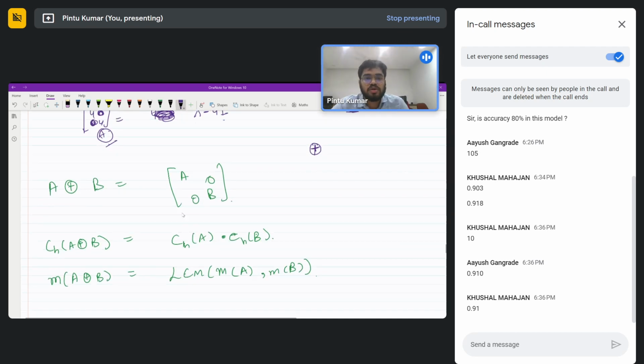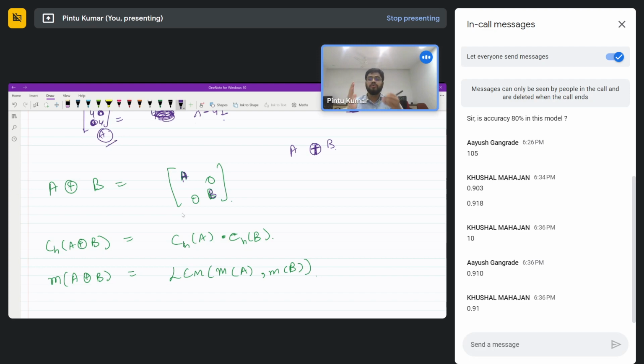Okay. So let's get to this direct sum. If you have two matrices A and B, then the direct sum is defined like this: you write A as the top left block and B as the bottom right block, and everything else will be 0.